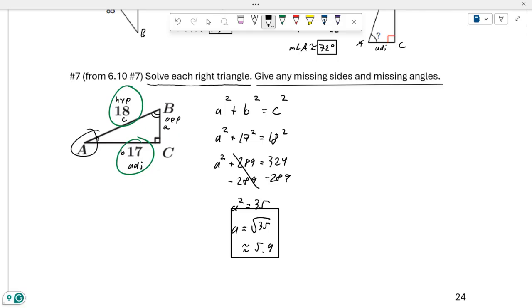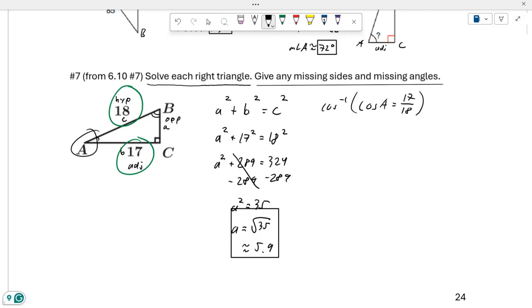If we use the given sides, we labeled those as hypotenuse and adjacent, and the trig function that deals with both hypotenuse and adjacent is cosine. So cosine of A is adjacent, which is 17, over hypotenuse, which is 18. I want to get A by itself. The thing preventing A from being by itself is cosine, so to undo cosine, we use cosine inverse.